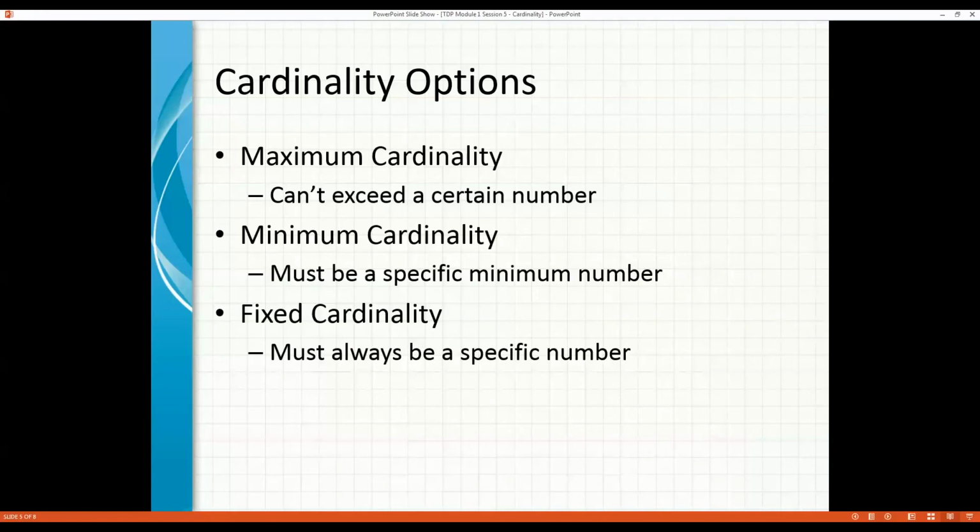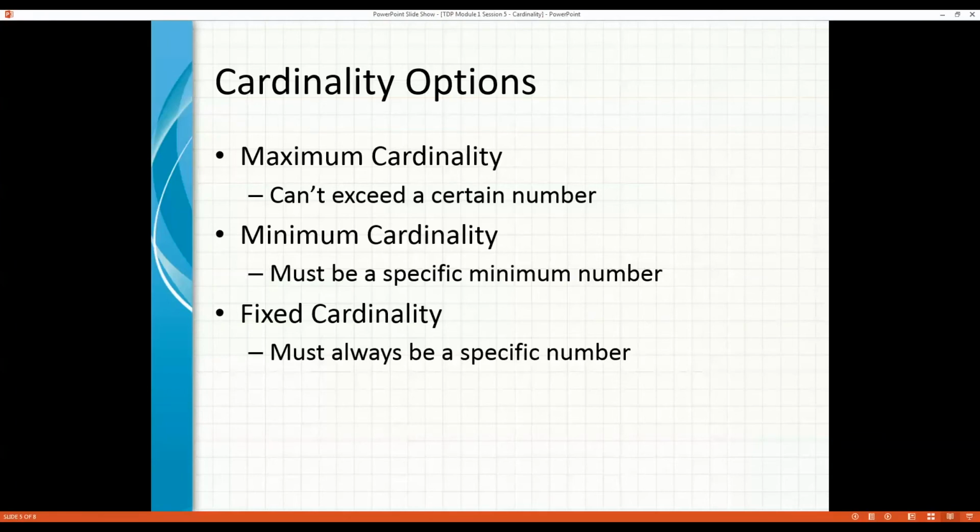Now, one example of this is, let's say, students in the courses. In order to be a student at a college, you must take at least 1 course. But they might have maximum limits. That way a student doesn't burden themselves with too much work. So let's say a college puts in place that a student cannot take any more than 5 courses. So here we have a minimum cardinality of 1, a maximum of 5.